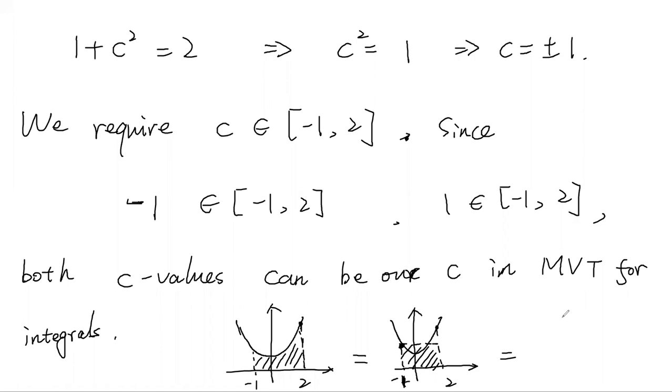Then all these areas are the same. And of course, there's another one here. This is 2, this is -1. Then the mean value theorem ensures that all the areas of the shaded regions are the same. Any questions?